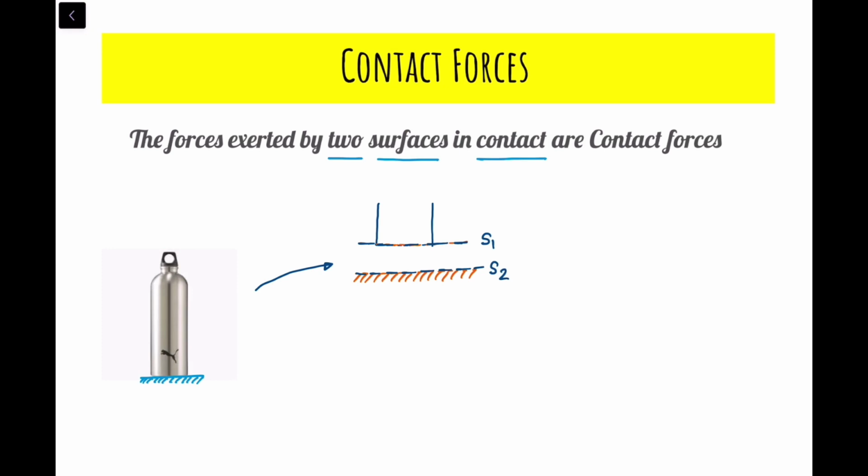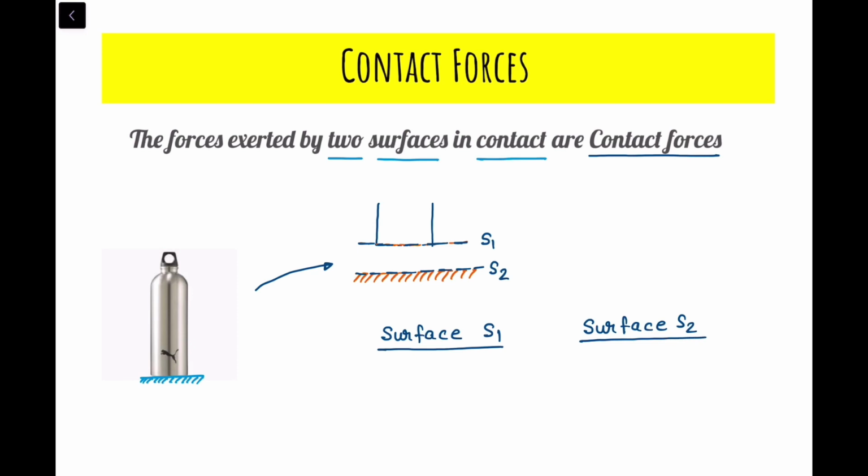As these surfaces are in contact with each other, they will exert what are known as contact forces. Let's see how these contact forces will act. There is a surface S1, which is the lowermost portion of the bottle, and a surface S2, the uppermost portion of the ground.